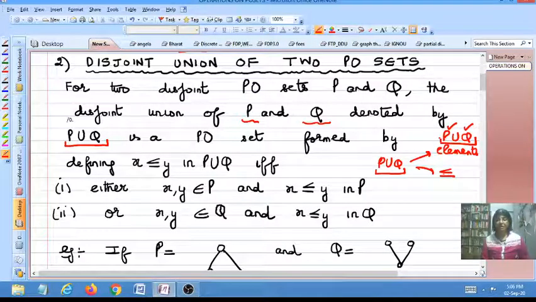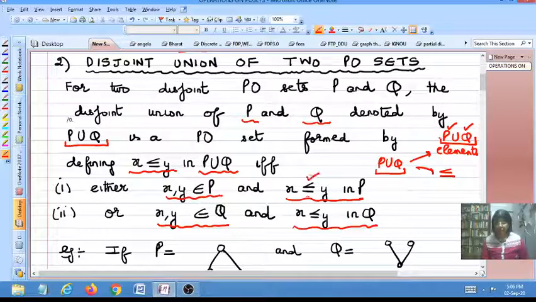The relation less than equal to is defined like this. You say that X is related to Y in the disjoint union P union Q if both X and Y are elements of P and both are related in P, or both of them are elements of Q and both of them are related in Q.